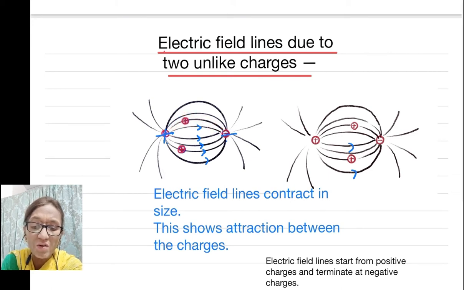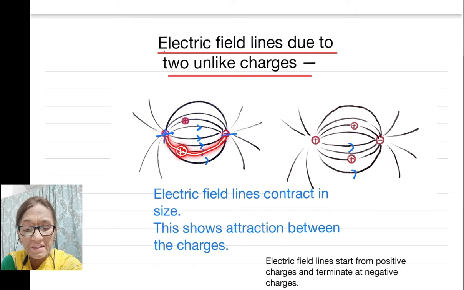It will move on this curved path, and it will be moving from the positive towards the negative charge. When you place another positive test charge over here, it will take this trajectory. It will not move along a straight path. It takes a curved path.